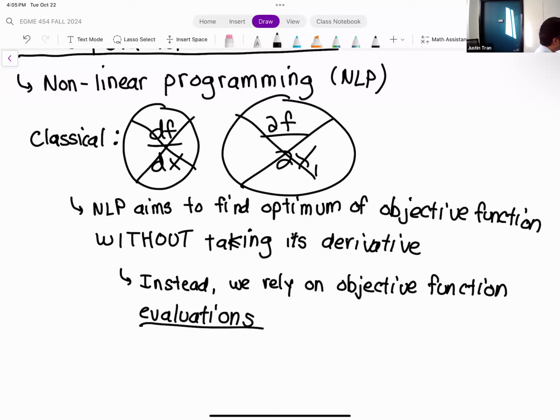That is effective, but it's not very efficient, right? Usually you want to find your optimum without having to evaluate your objective function millions of times. So our goal with these algorithms is to see, can we do a better job than exhaustive search? Can we find an optimum in the least amount of function evaluations?